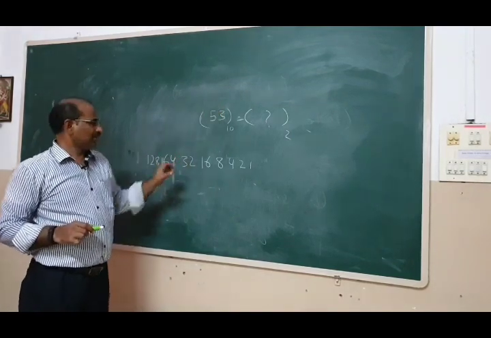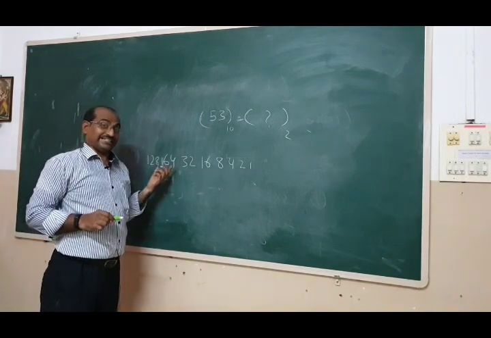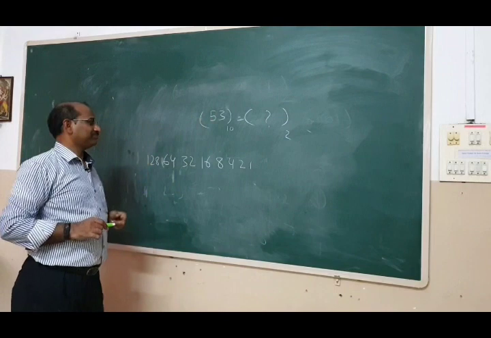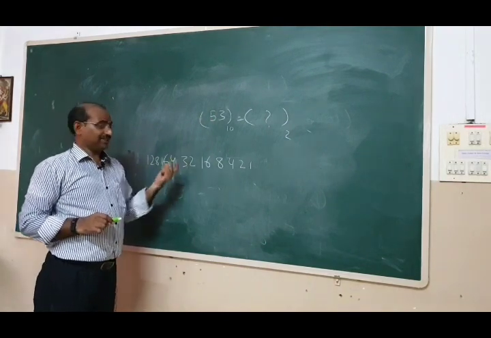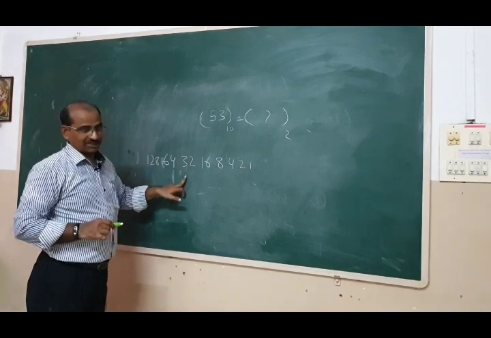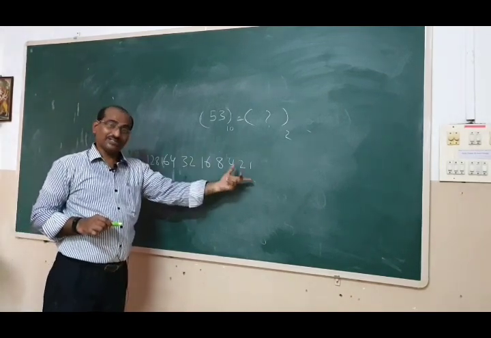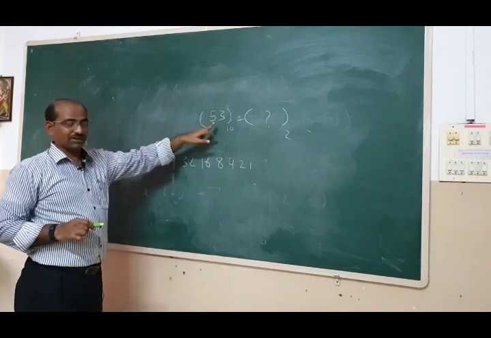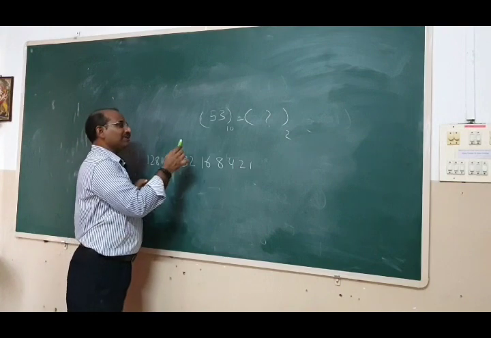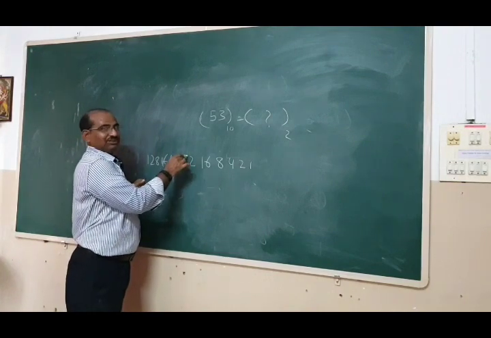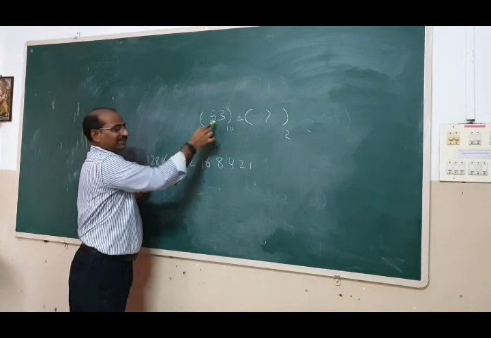You choose the biggest value nearest to 53, the nearest small value. 32 is smaller than 53, 16 is smaller, 2 is smaller, 1 is smaller, all these are small compared to 53. Then which is the biggest value that is less than the given 53? That is 32.